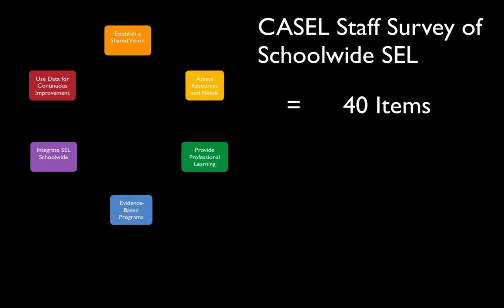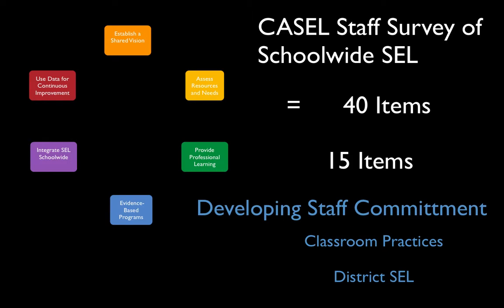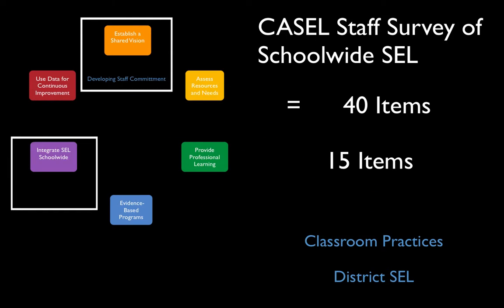We took those items, there were approximately 15 of them, and found that they formed 3 additional categories. We placed items from these 3 categories on pages that we believe they were conceptually related to. For example, we don't think that developing staff commitment is the same as developing a vision for SEL, but we do think they're related, so that category can be found at the bottom of the vision page.